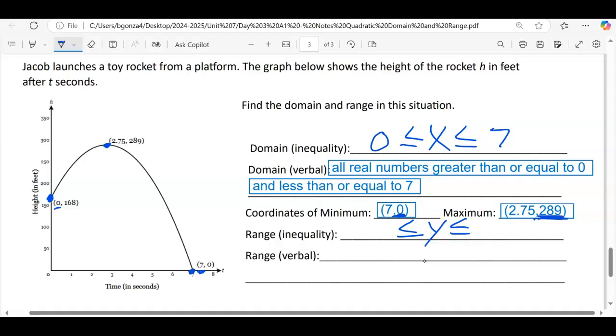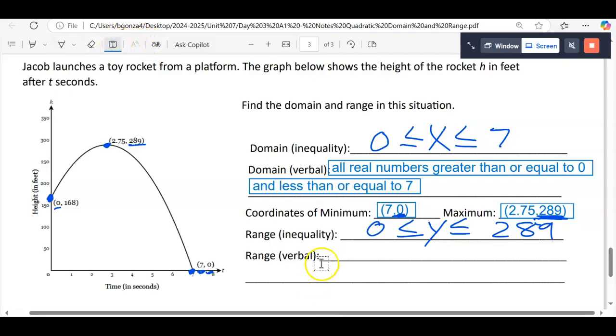So again, the lowest point right here, the y value is 0. The highest y value is here at 289. So 0 to 289. Least to greatest, bottom to top, y value, range.